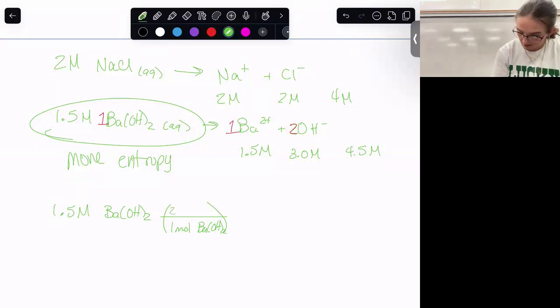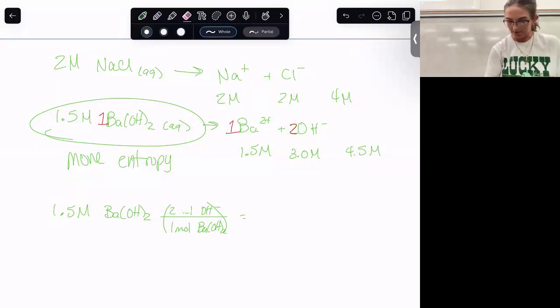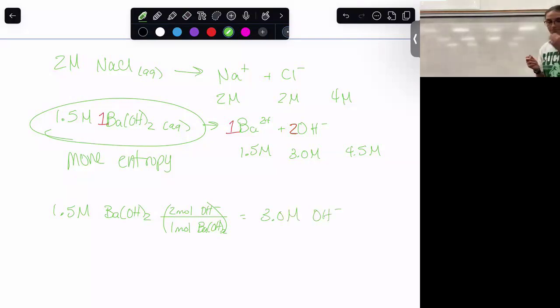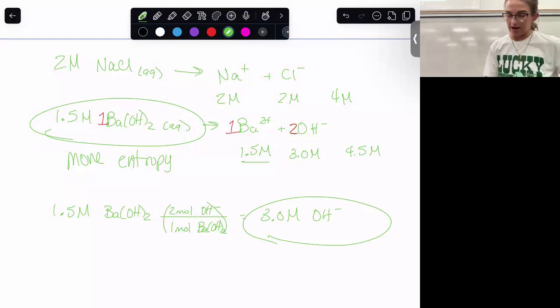So we have 2 moles of OH minus, which means that our concentration of OH minus is, sorry, 3 molar OH minus. That means we have this concentration of OH minus in solution. If we did the same thing for barium, we would see that we have 1.5 molar barium ions. So the total is 1.5 plus 3 to say 4.5, if you want to look at it that way.